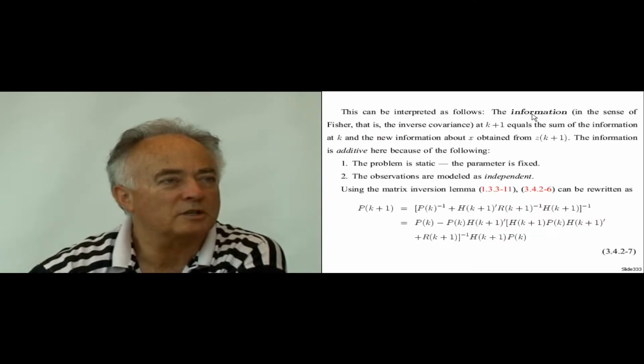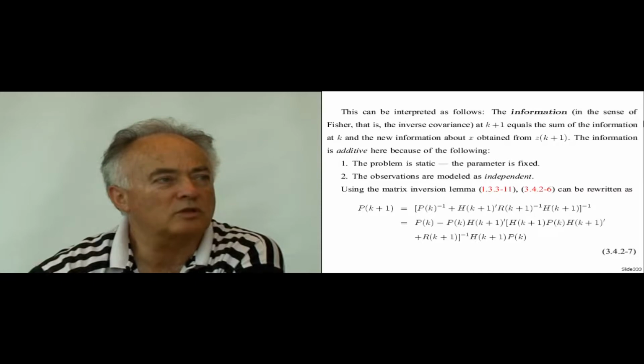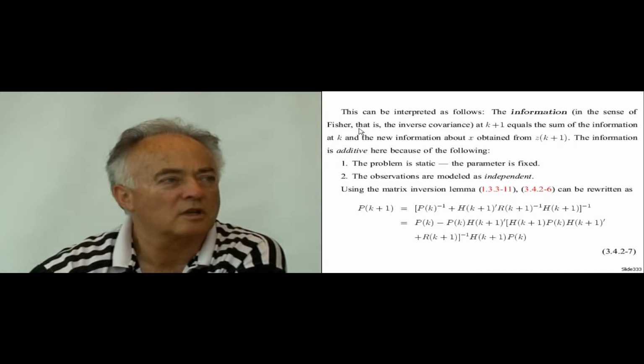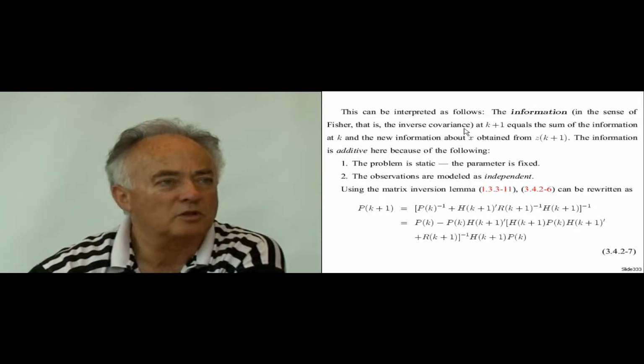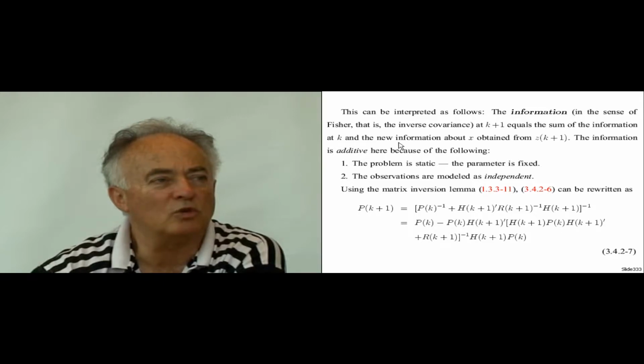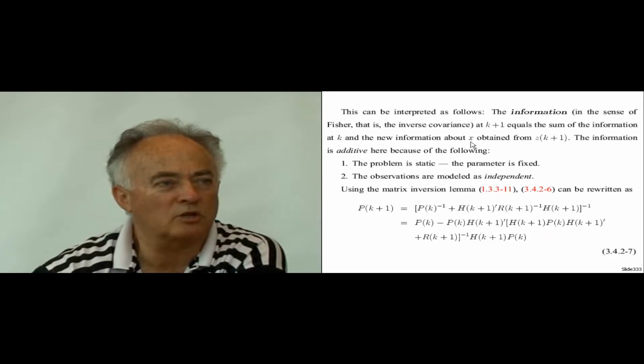So, to summarize, the information in the sense of Fisher, that is the inverse covariance, and we have this Fisher information concept from the Cramer-Rao lower bound, at k plus 1 equals the sum of the information at k and the new information about x obtained from z at k plus 1.